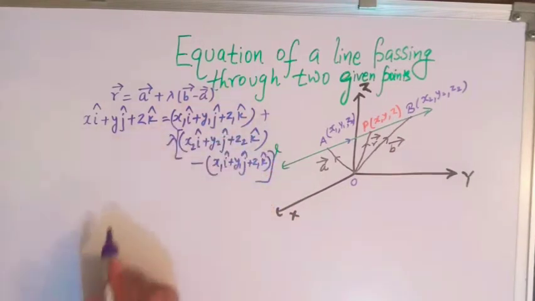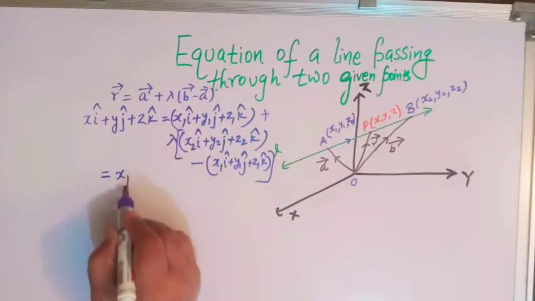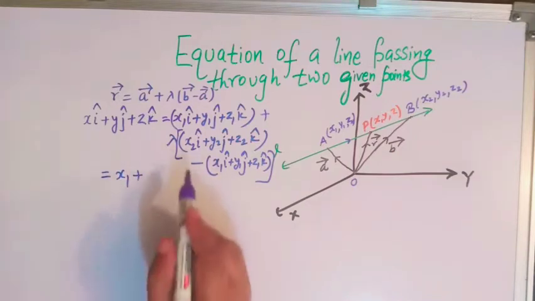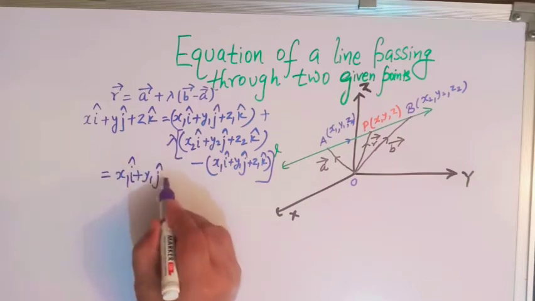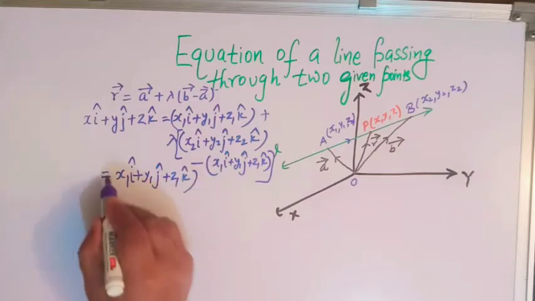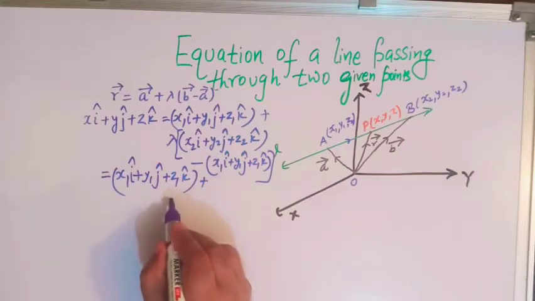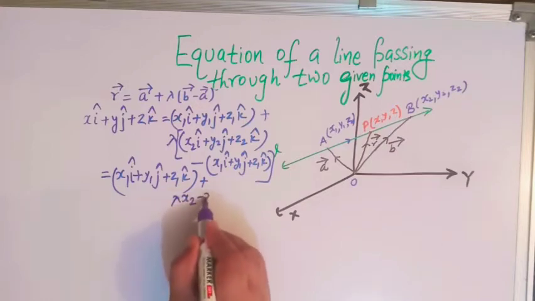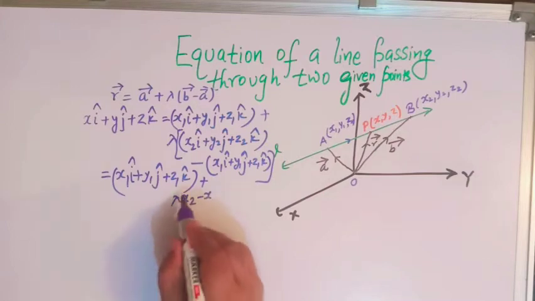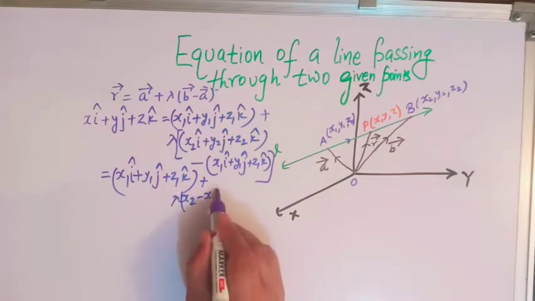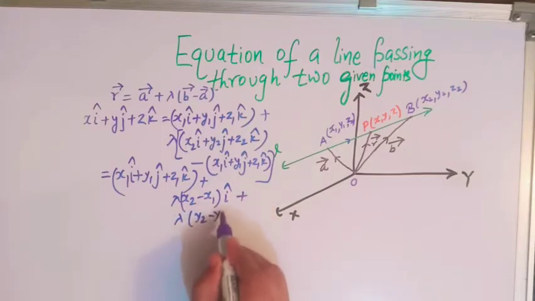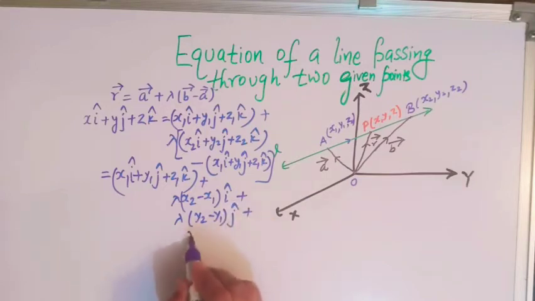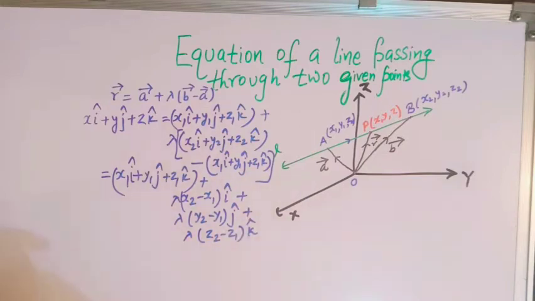Now if we simplify this expression, we get x1 i cap plus y1 j cap plus z1 k cap, and then lambda times x2 minus x1 i cap plus lambda times y2 minus y1 j cap plus lambda times z2 minus z1 k cap, right?